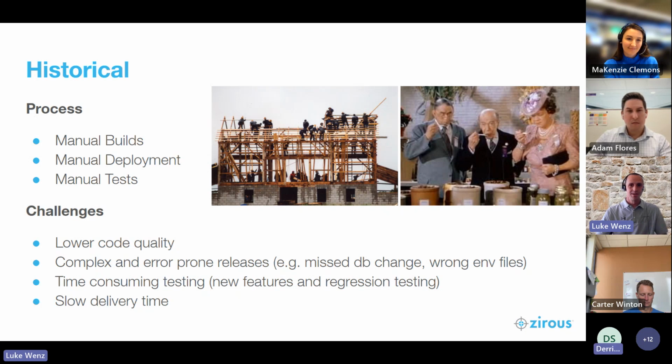And then you had to track down the DBA and call and have all that fun. It's also time-consuming testing. If you have new features or you're trying to do regression testing, you're getting out that team and you're doing a lot of stuff that could be automated. And finally, this also leads to slower delivery time of new features for your client and your business users.